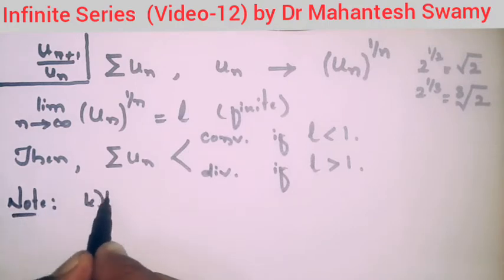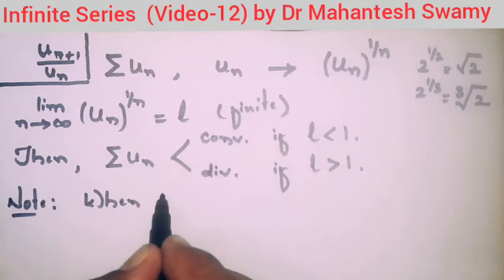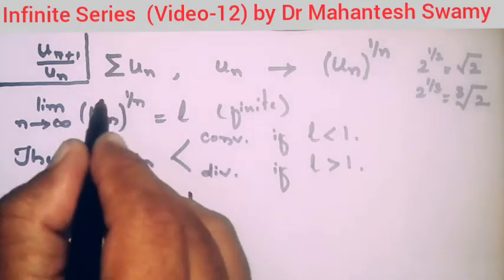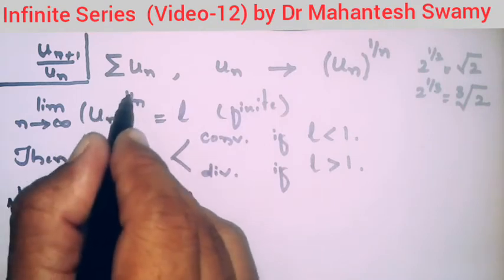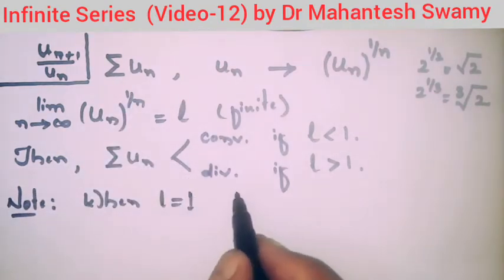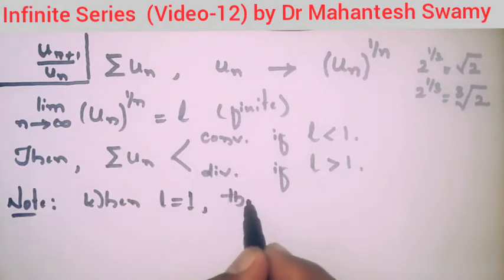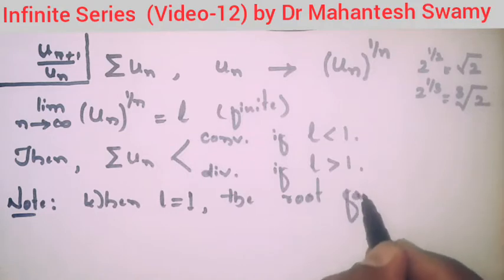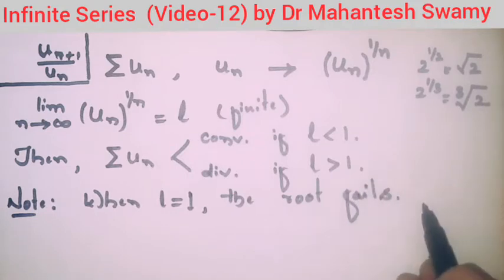When L is equal to 1, that is, if the limit of un to the power 1 by n appears to be 1, then the root test fails. In that case we are advised to make use of either the fundamental test or the comparison test.